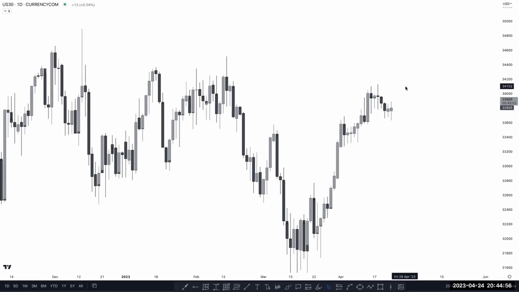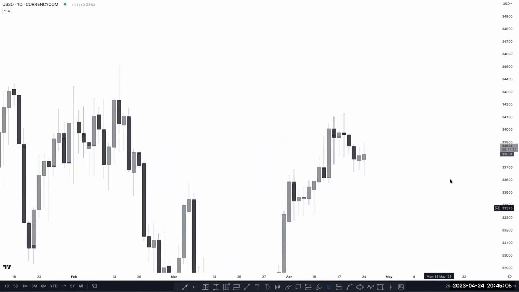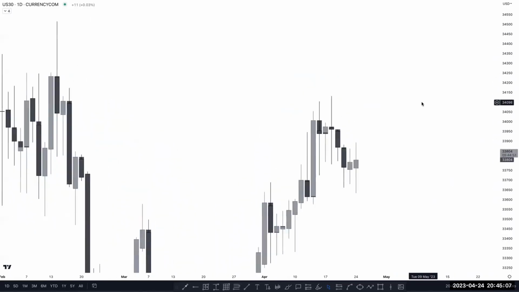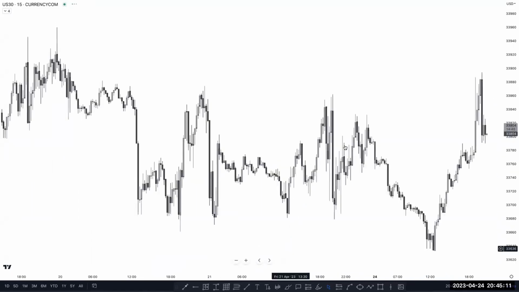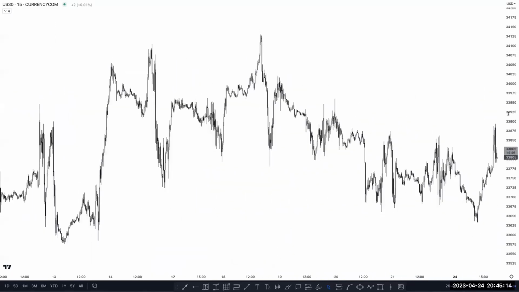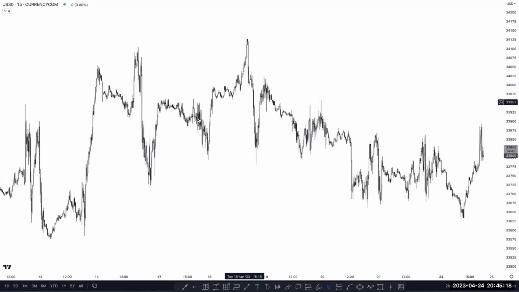Sweep here. So this is our 15-minute structure.